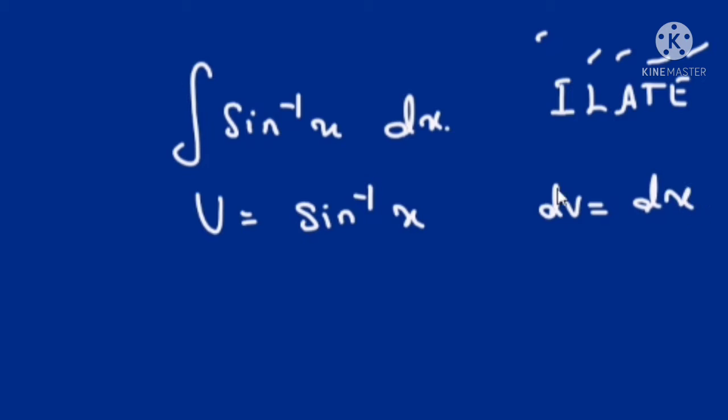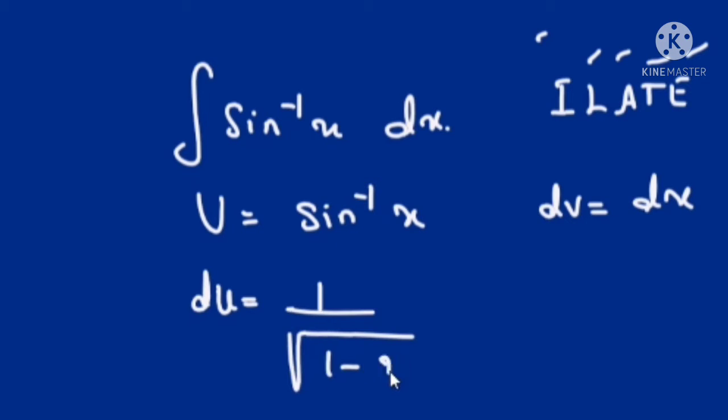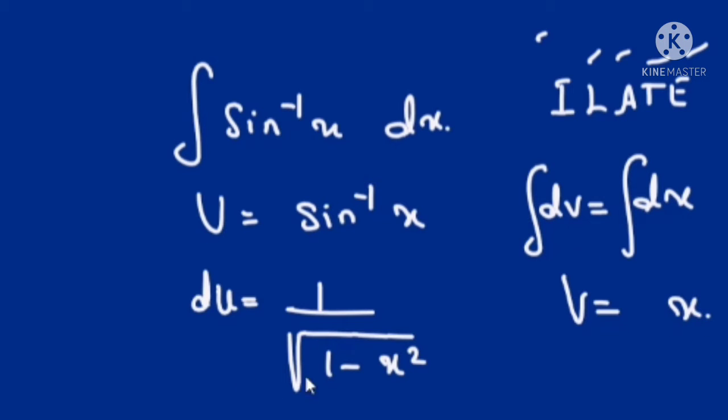So it is integration by parts, not a product rule. We are dividing this into two parts. So take this as u, this as dv. Here you differentiate. So derivative of sine inverse x is 1 by root of 1 minus x square. Integrate here. Integration of dv is v. Integration of dx is x.